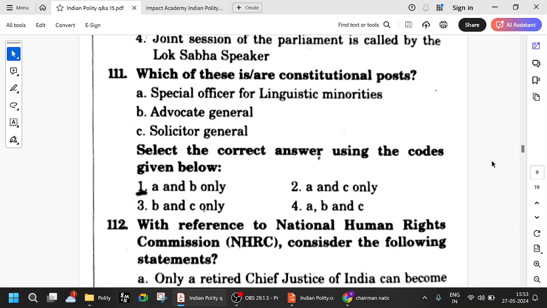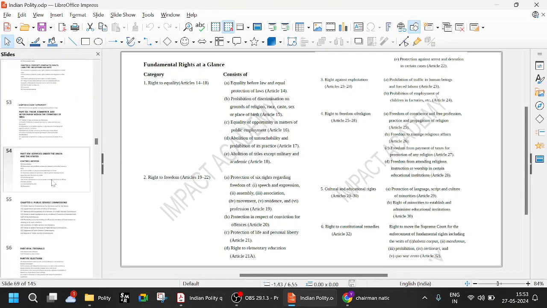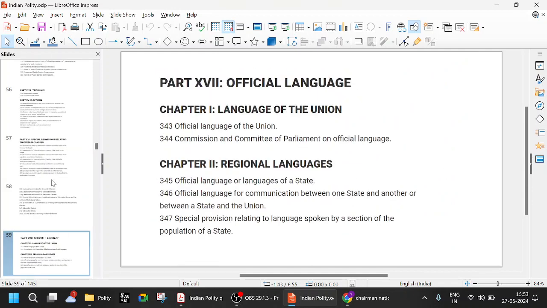Which of these are constitutional posts? Special officer for linguistic minorities. When it comes to languages, we have seen 341, 343 is the official language, 345 is the official language of the state, and 346 is the official language for communication between states.